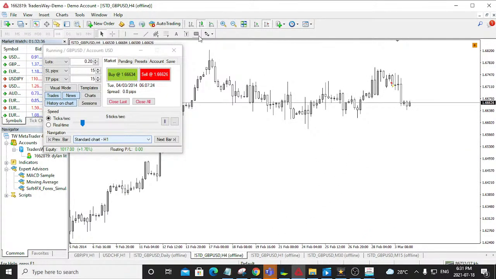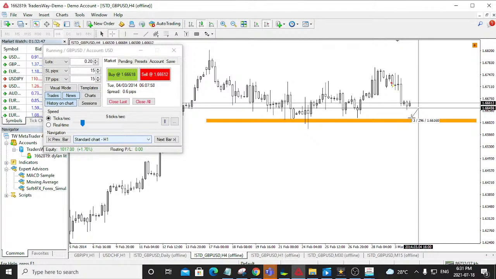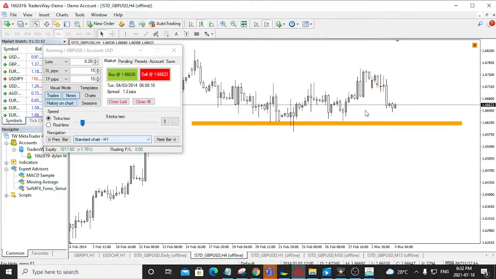In this scenario, that low would be like here, to be honest with you. So that's like, how many pips away? 30? That's pretty good. That's not bad.